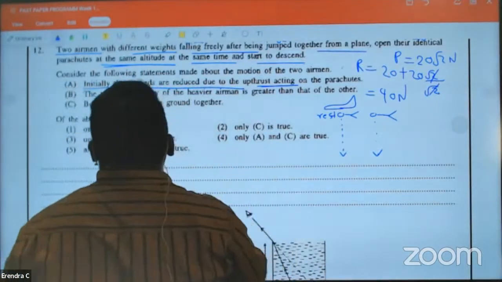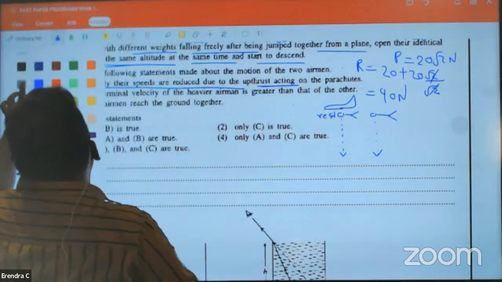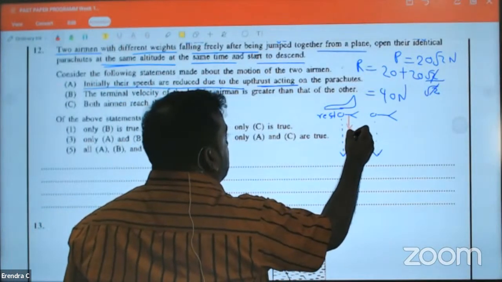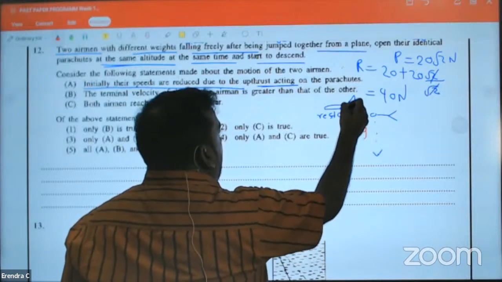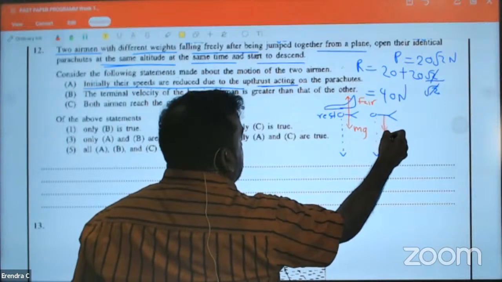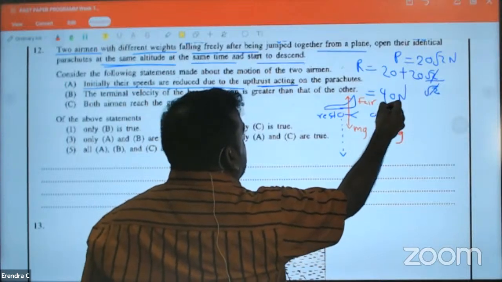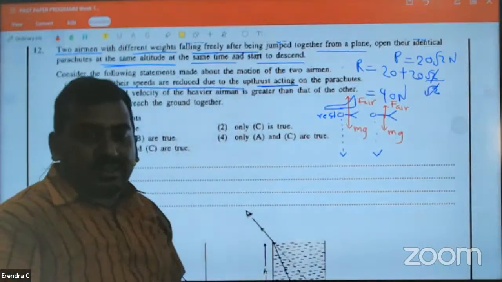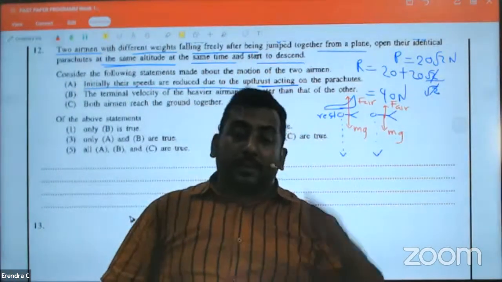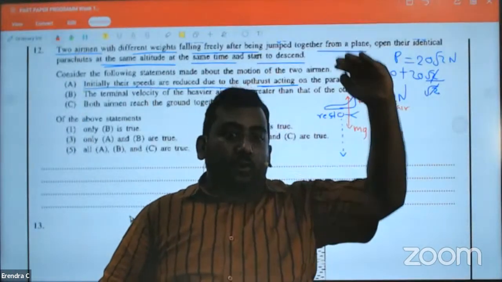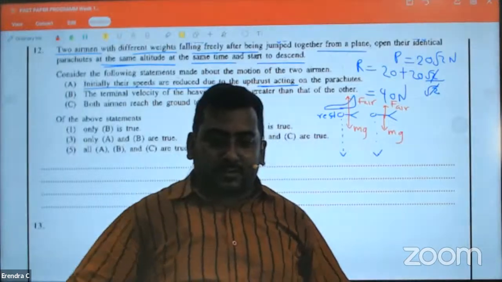When their velocity increases, air resistance will act in the opposite direction. So mg is there, and air resistance is acting in the opposite direction. Have you seen a fellow jump from a plane with the parachute opening at first? No, no. The fellow falls down, then only opens the parachute.